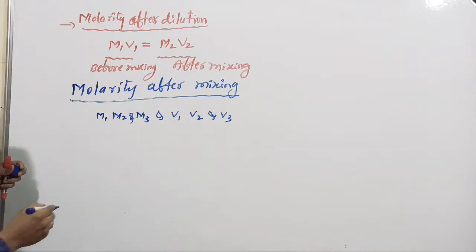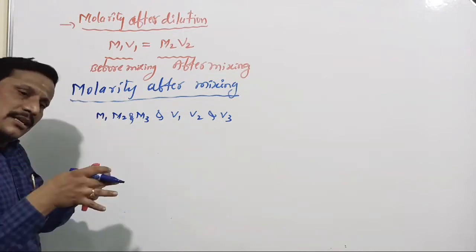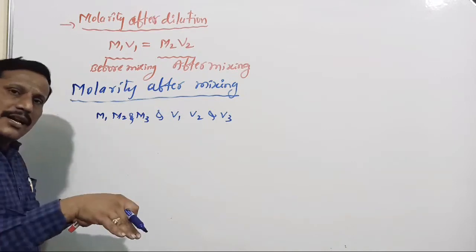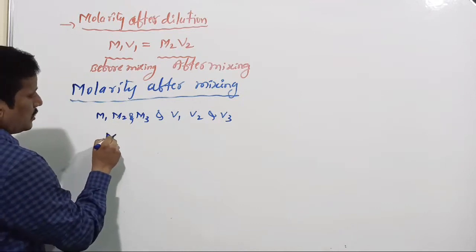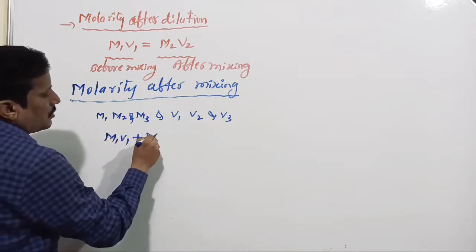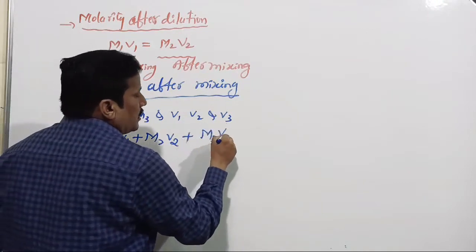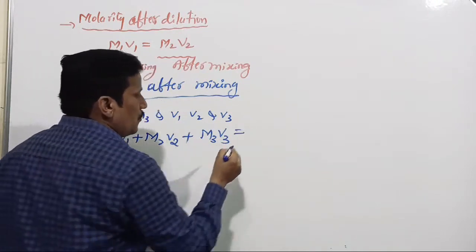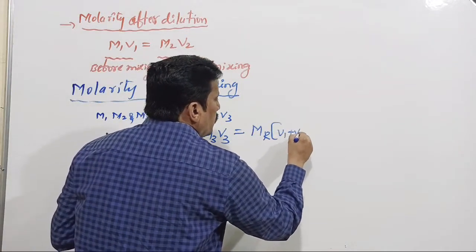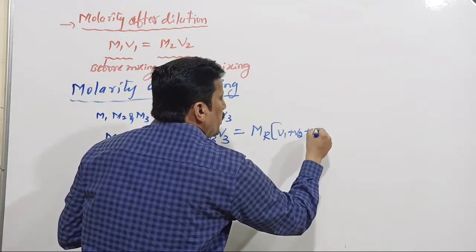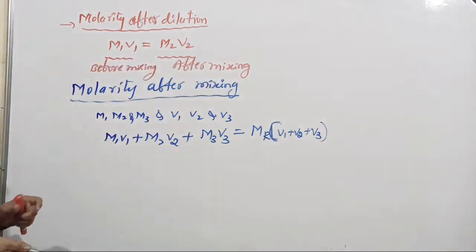If I mix all the solutions in one container, then what is its molarity? We calculate it as M1V1 plus M2V2 plus M3V3 is equal to MR, the resultant molarity, into V1 plus V2 plus V3.